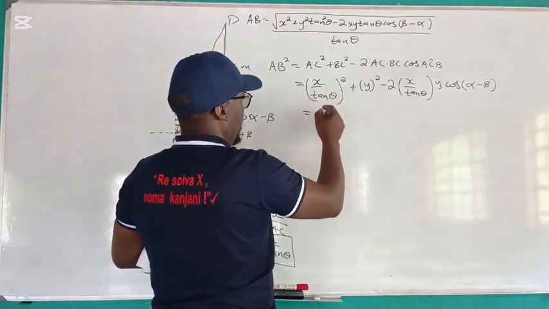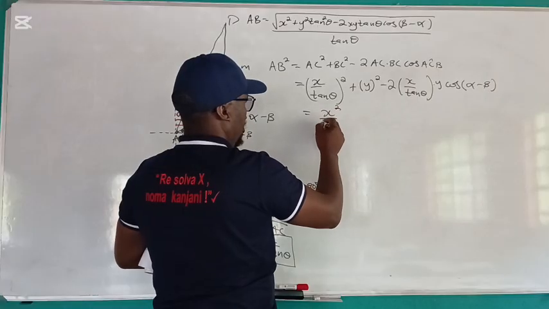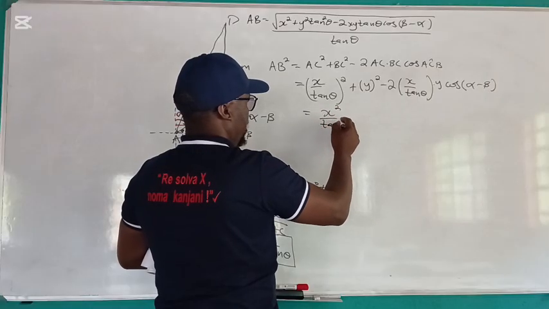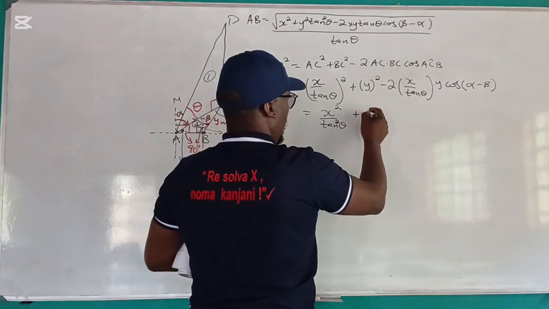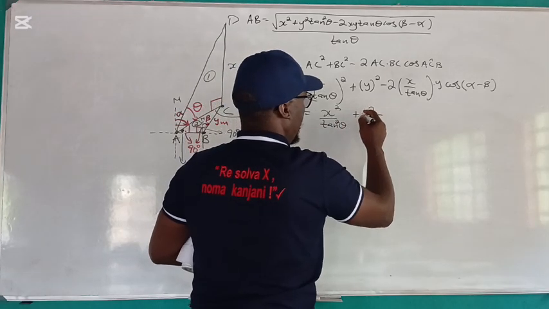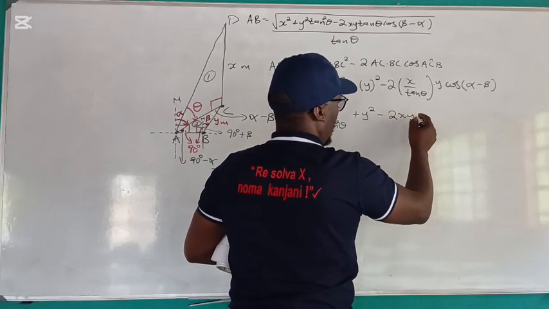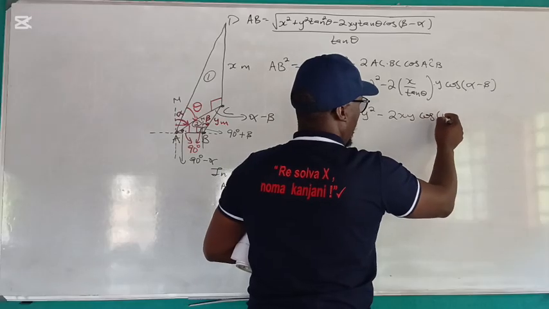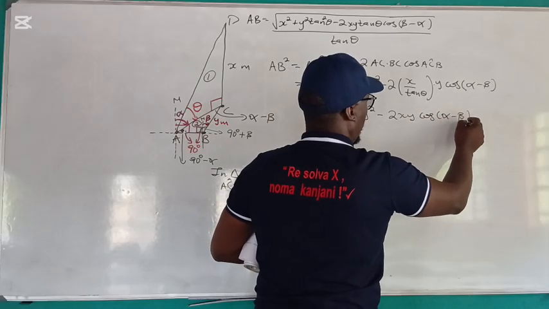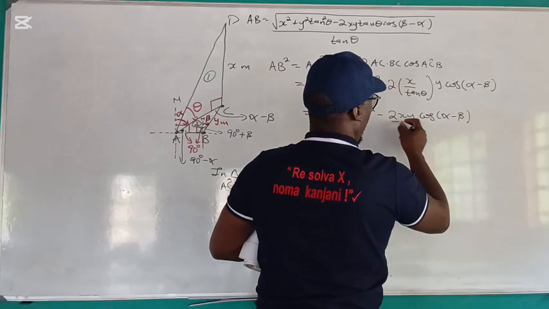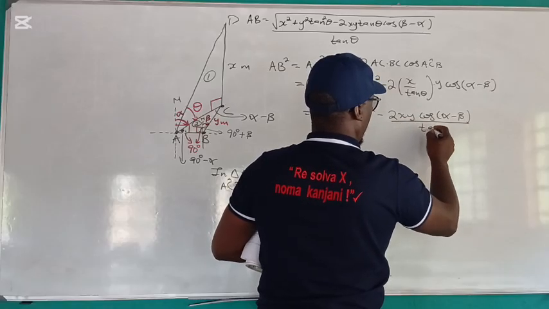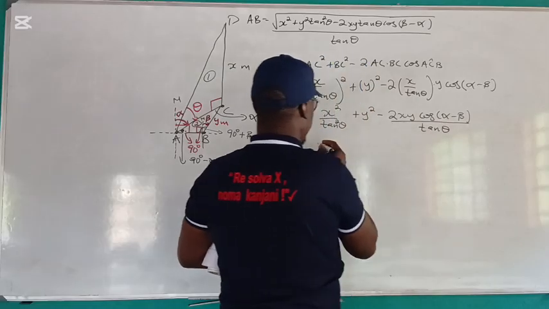Okay, let us simplify. x squared over tan theta squared plus y squared minus 2xy cosine alpha minus beta, all divided by tan theta.